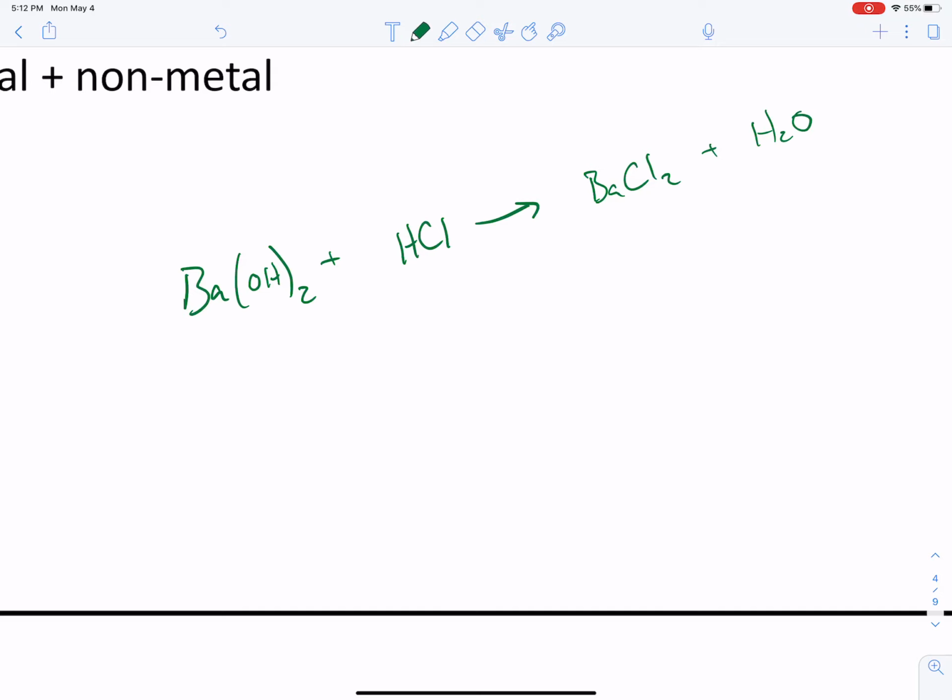But this isn't balanced, okay? So you got to use two of these because here's barium and here's two chlorides, so you need that to get here. And then you got two OHs, and now then two H's, and that gets you two H2Os. So this is a nice way to begin to work as an antacid. That's an anti-acid.